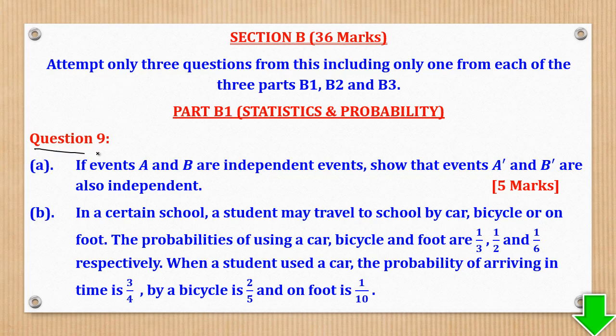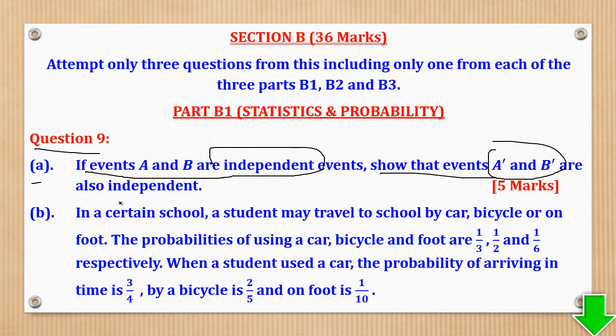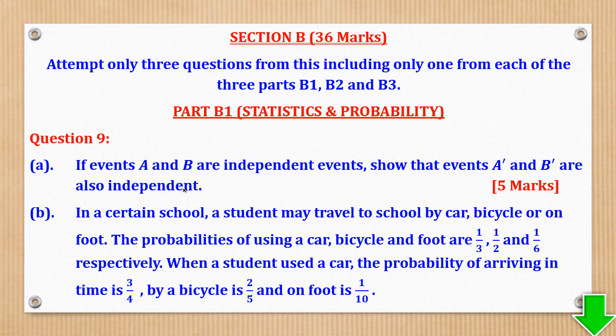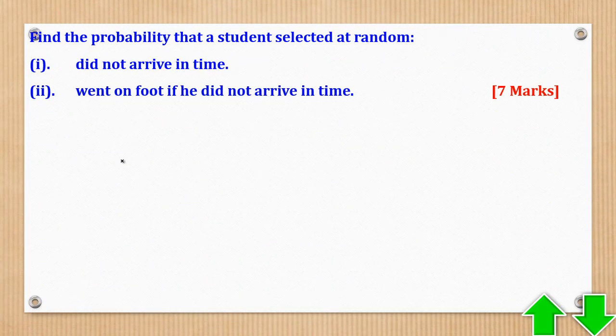So question 9, part A says, if events A and B are independent, show that events A prime and B prime are also independent. So let's begin with that.